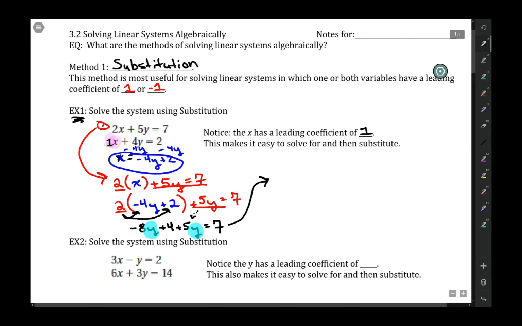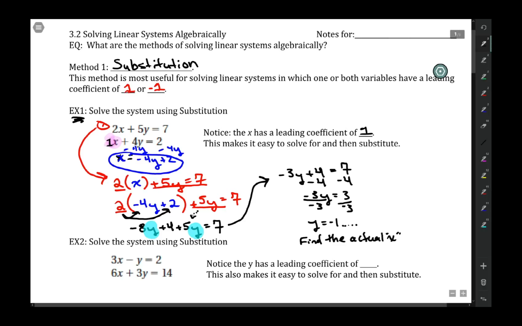Add our like terms. This is all the math coming together now. -3y plus 4 equals 7. Solving for y, and y equals -1. Common tendency, students stop there, but we need to still find the actual x value.